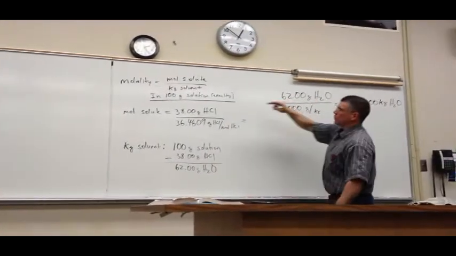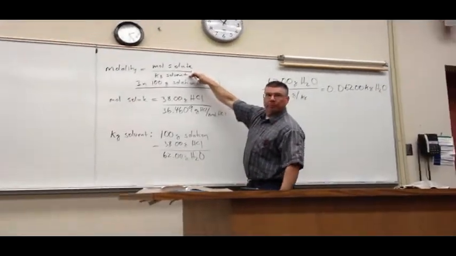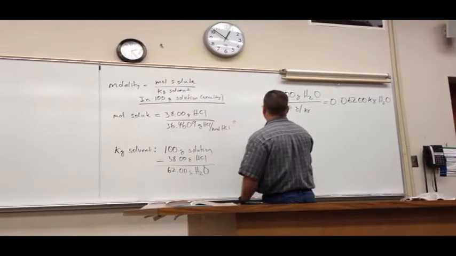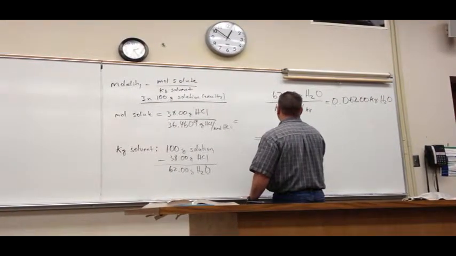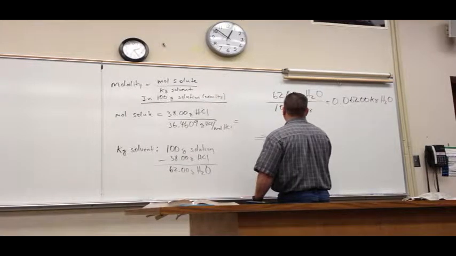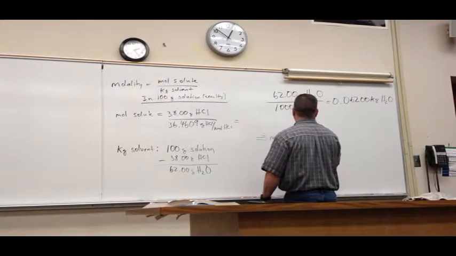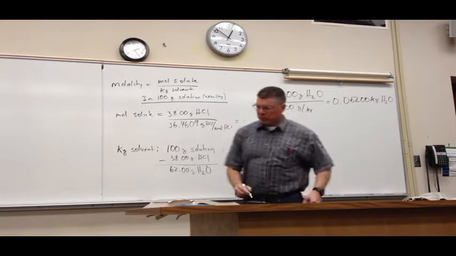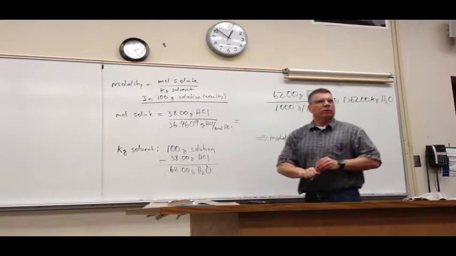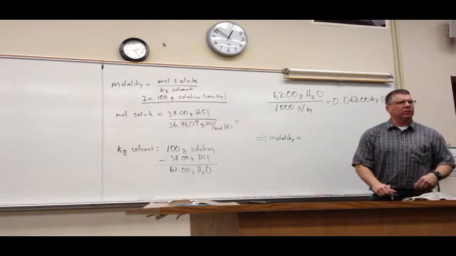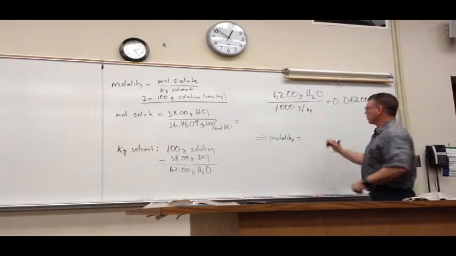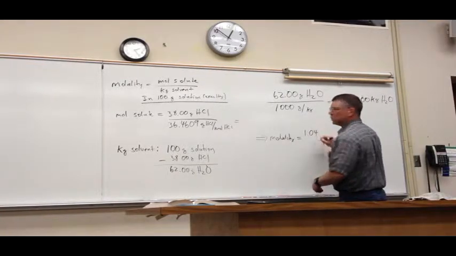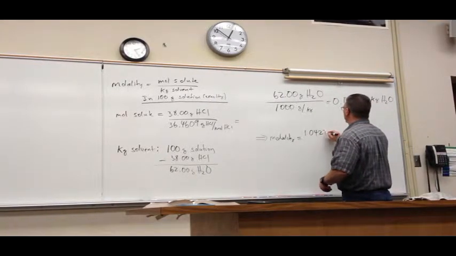And this is the number that goes in the denominator here. Do you have the number, the moles of hydrochloric acid is 1.04 something, I think, right? 422. 0.04? 22. 22?